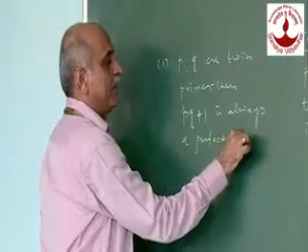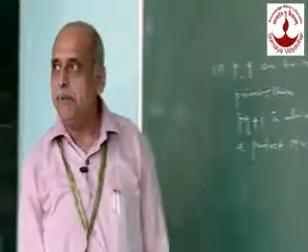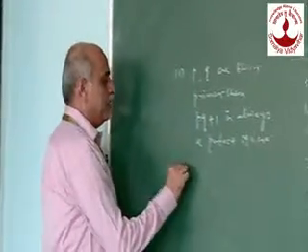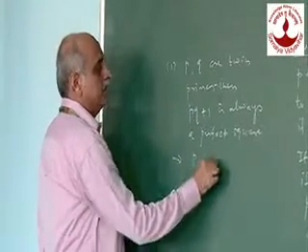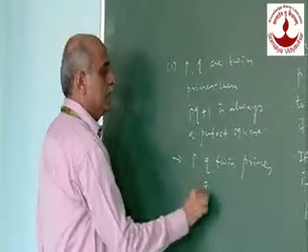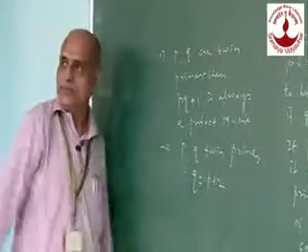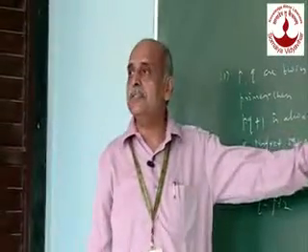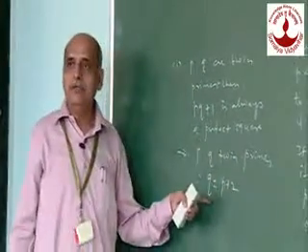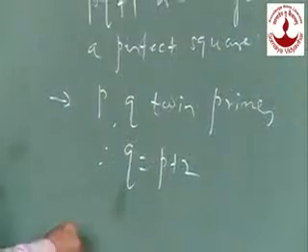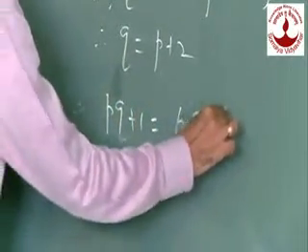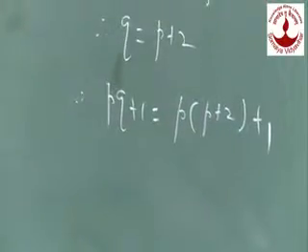You know what we mean by perfect square? If P and Q are twin primes, it's a very basic proof, and therefore Q should be P plus 2, because twin primes just differ by 2 as consecutive primes. So the second prime you can write as P plus 2, and then take the product PQ plus 1, which is P times P plus 2, plus 1.